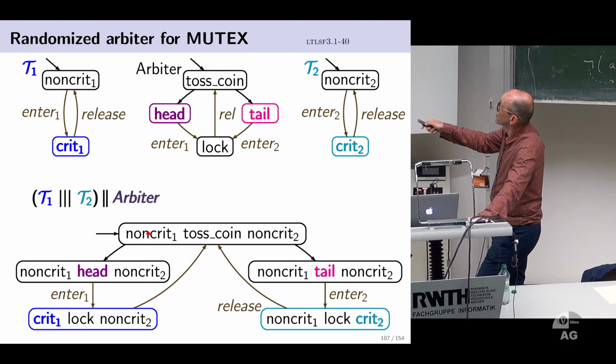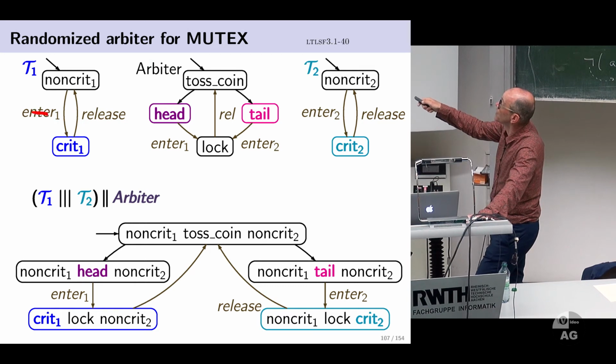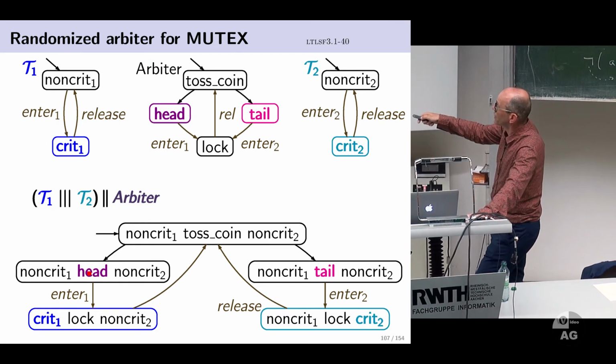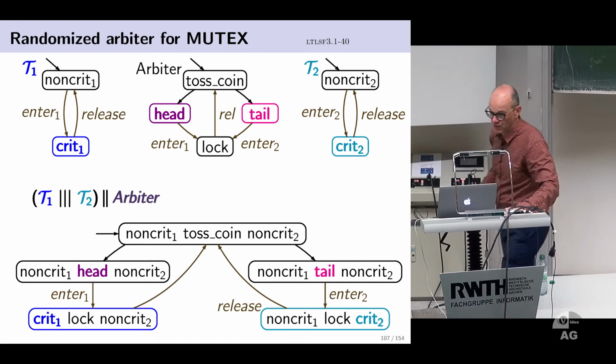They all start in the initial state. Then either the left one, this flips heads, and that means it can do an enter one. This enter one synchronizes with this enter one, and the process on the left can enter the critical section and then release it, and the right-hand part is just a symmetric version of it.